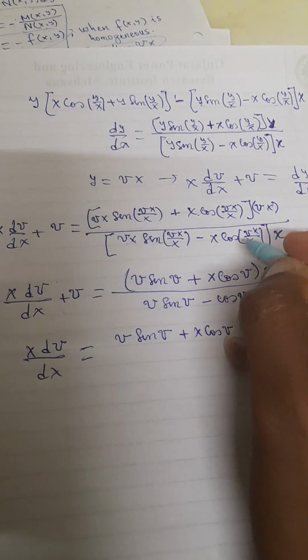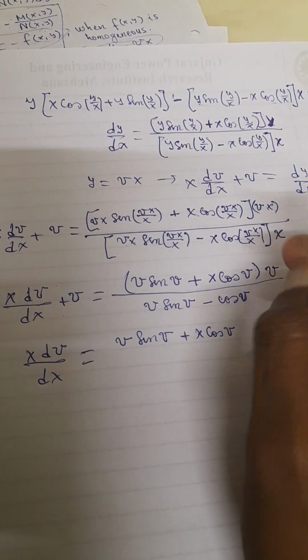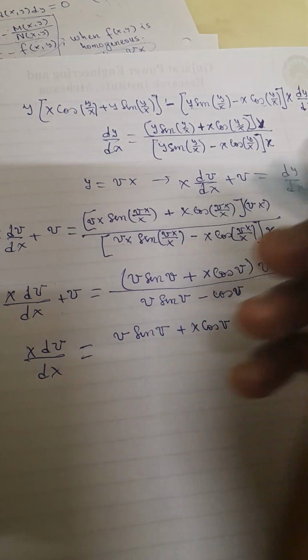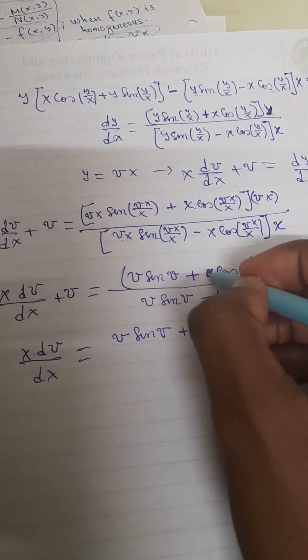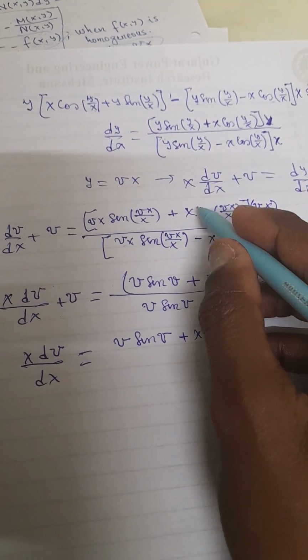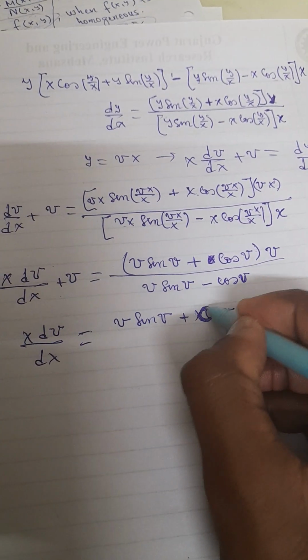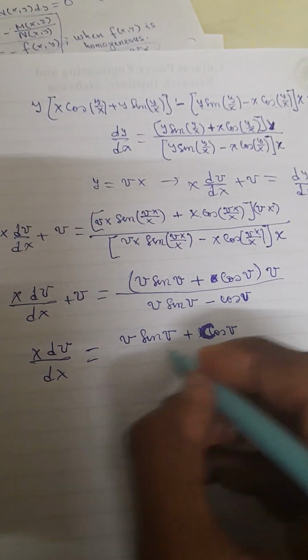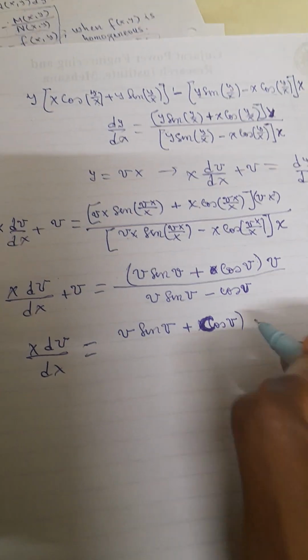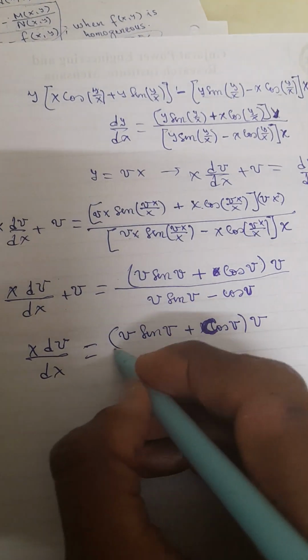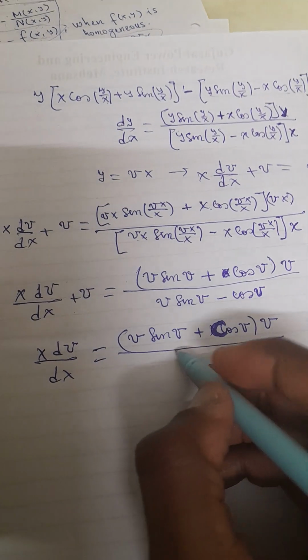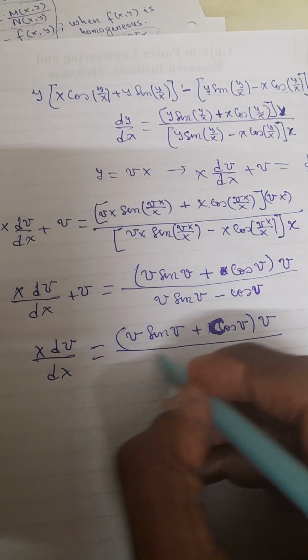Sorry, here there's no x, because x you have already removed. So no x. Cos of v times v. Now it's okay. This is all divided by v.